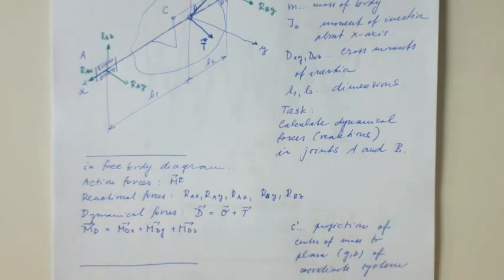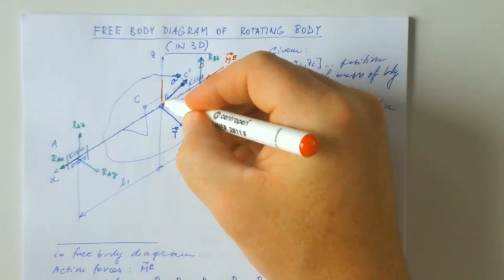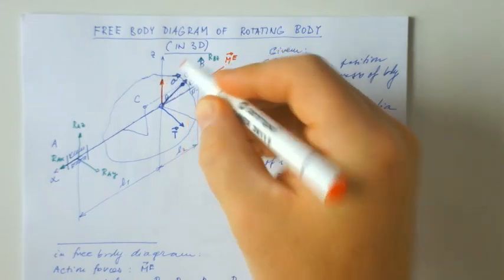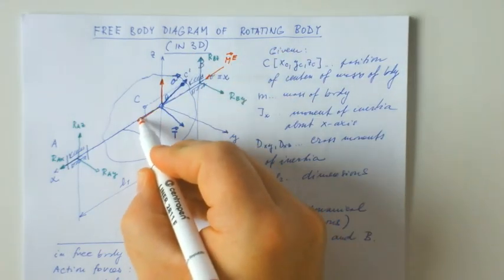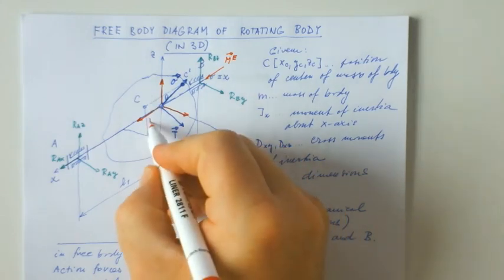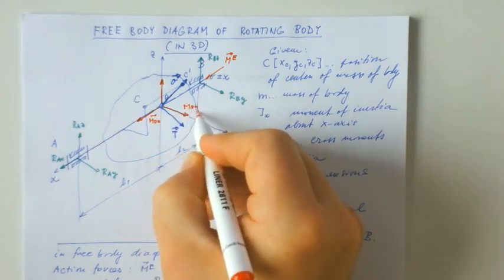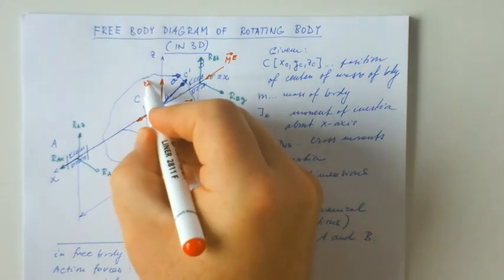So we are going to draw these moments into the free body diagram. We follow the position of the coordinate system and we draw three moments: MDX, MDY and MDZ.